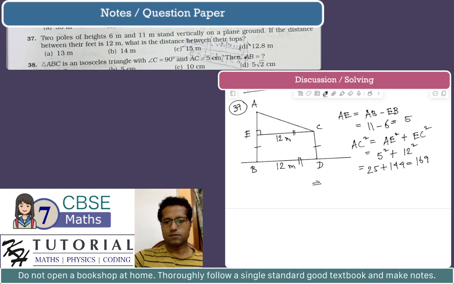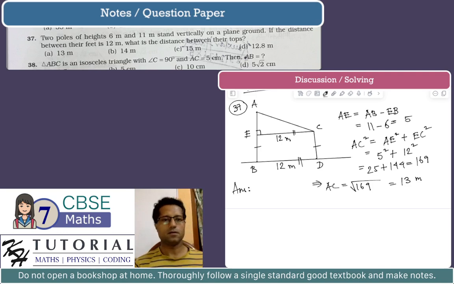So this implies AC is equal to square root of 169, which is equal to 13. So AC, the distance between the tops, is 13 meter. So the answer is choice A.